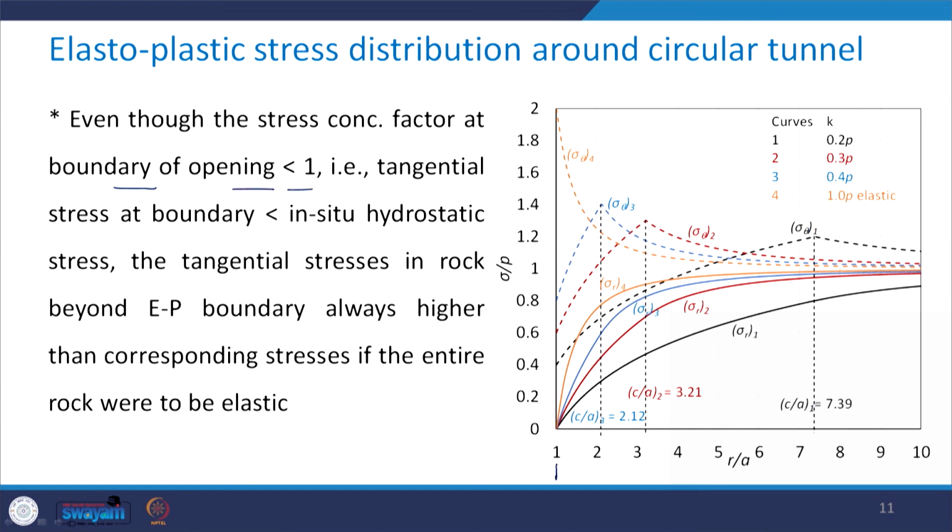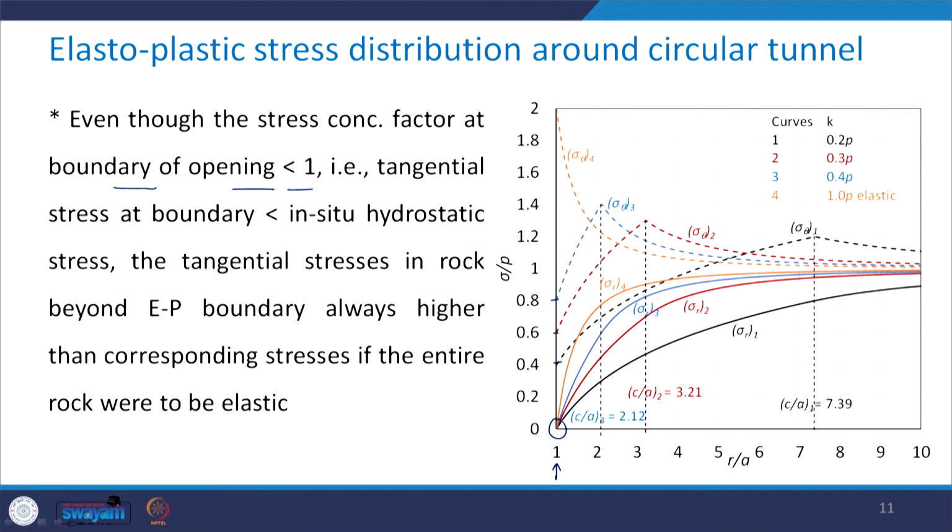So, the boundary of the opening is this R by A equal to 1. You see that all the stress concentration factors are less than 1. And of course, sigma R will be equal to 0 because it is the stress free boundary and the radial stresses are going to be equal to 0. That was one of our boundary conditions.